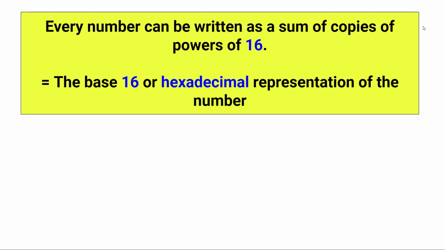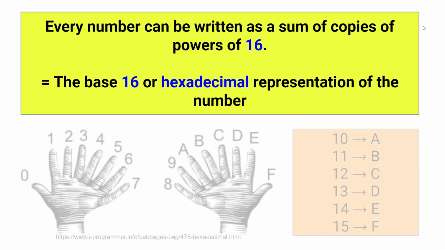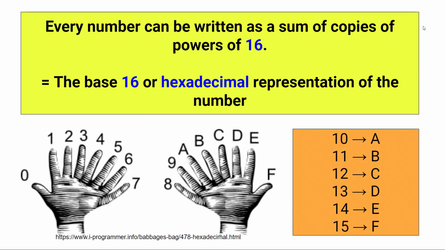In base 16, we need 0 through 15, but that would get confusing to use two decimal digits to represent a single place value. So we use the ordinary 0 through 9 to represent 0 through 9, but for 10, 11, 12, 13, 14, and 15, we use the letters A, B, C, D, E, and F.